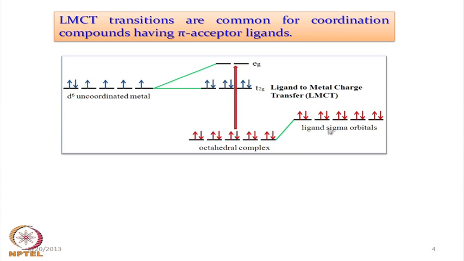Then we have the ligand sigma orbitals, which are all full. During the formation of the complex, the ligand sigma orbitals can be low lying, and the electronic charge can be donated from there to the empty Eg level.